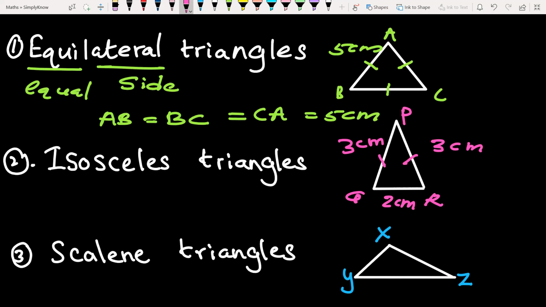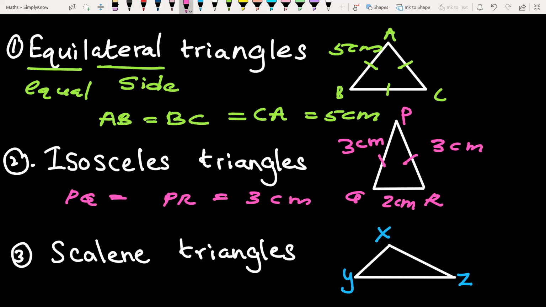This is an isosceles triangle because it has two equal sides. PQ is 3 centimeters, also PR is 3 centimeters. So we can say PQ equals PR and it is 3 centimeters. The other side is 2 centimeters.